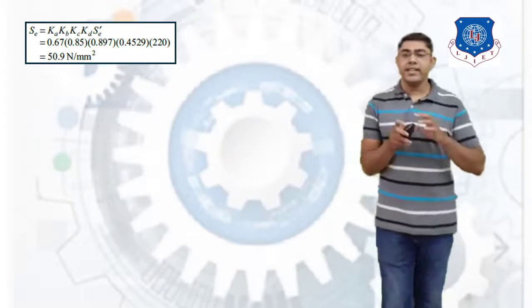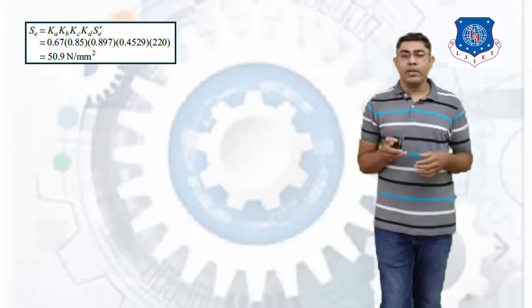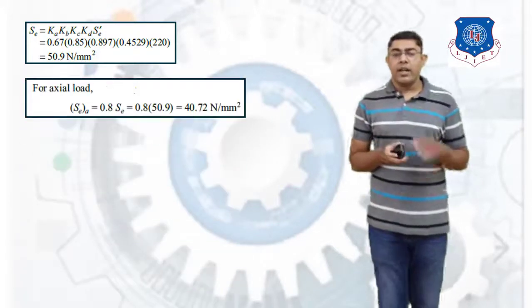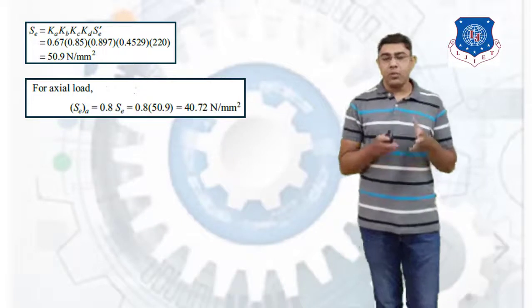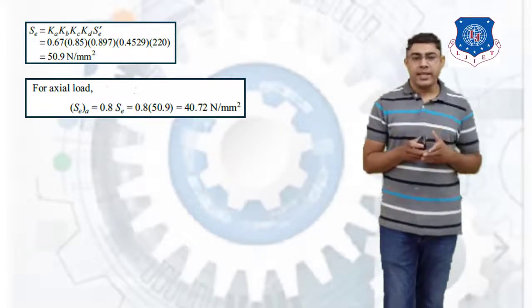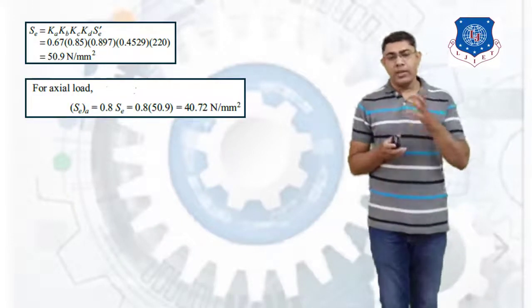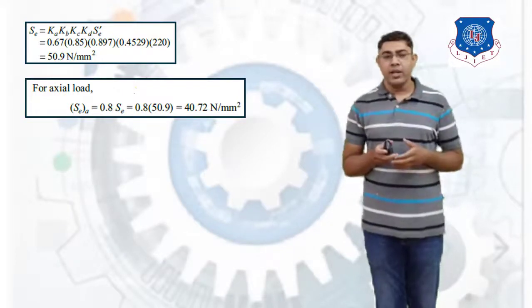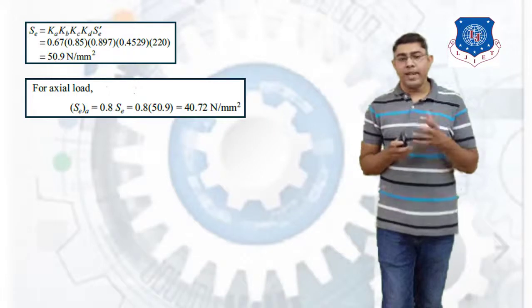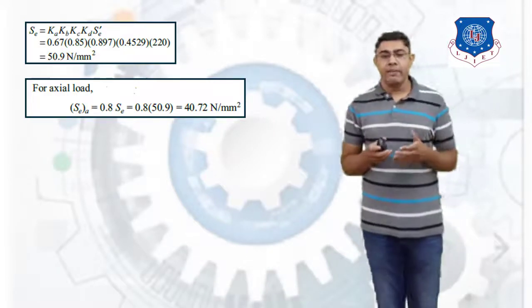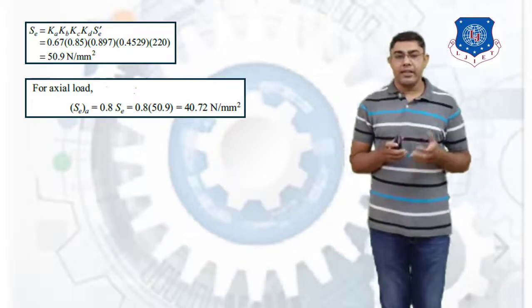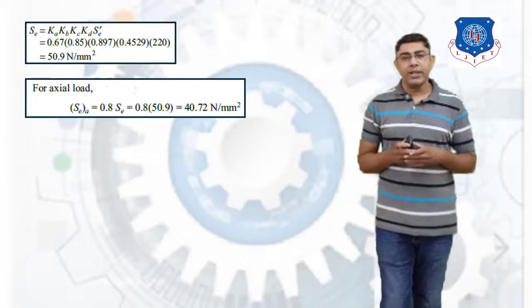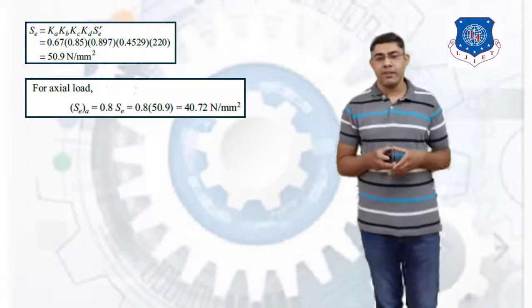Here the condition is axial load, and we know that for axial load, ACA is equal to 0.8 into Se. We know now the value of Ac, that is 50.9, so by placing it we get ACA, that is 40.72 Newton per mm square.